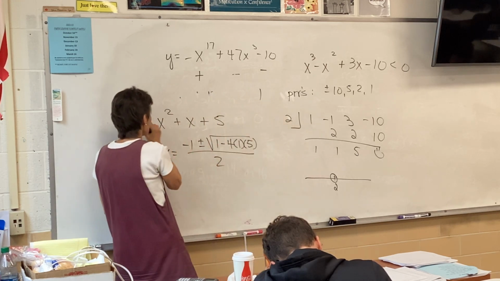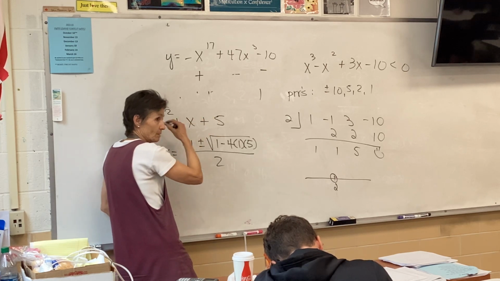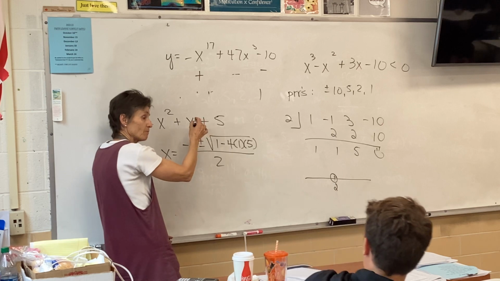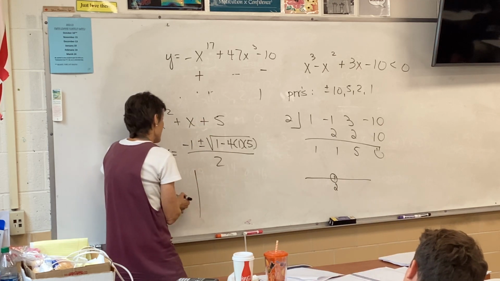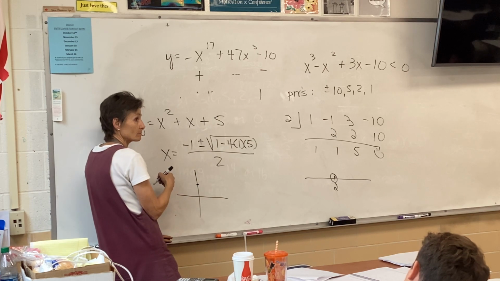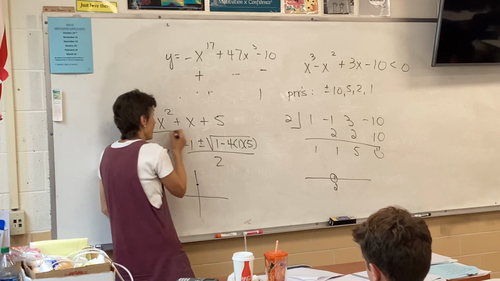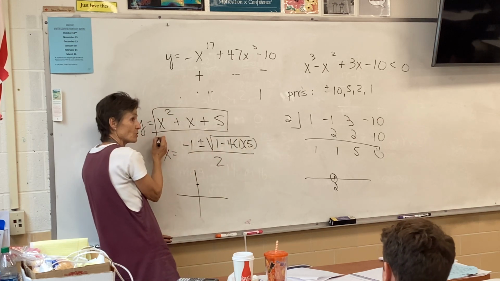I want you to think about this guy right here. This is a parabola, right? I want you to think about it for a second. He has a y-intercept at 5, and he doesn't cross the x-axis. I'm just looking at this part of the equation.